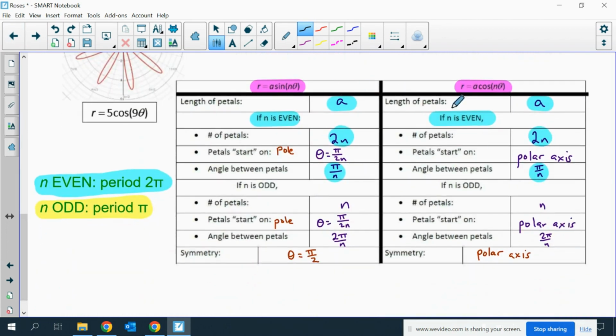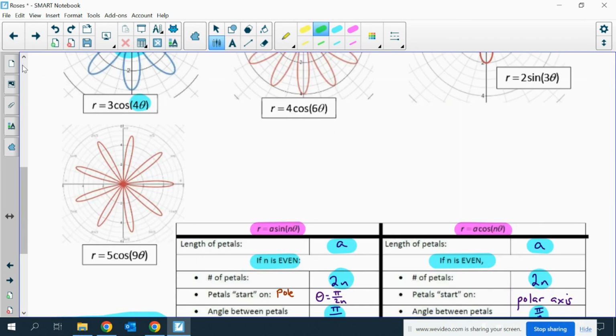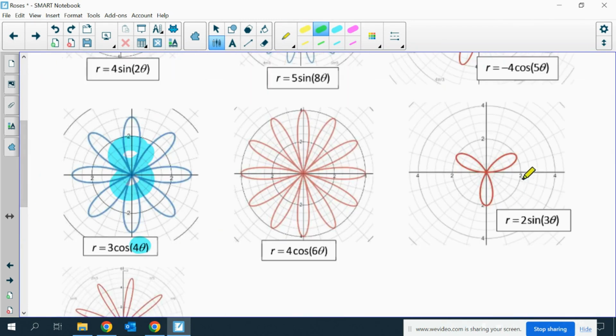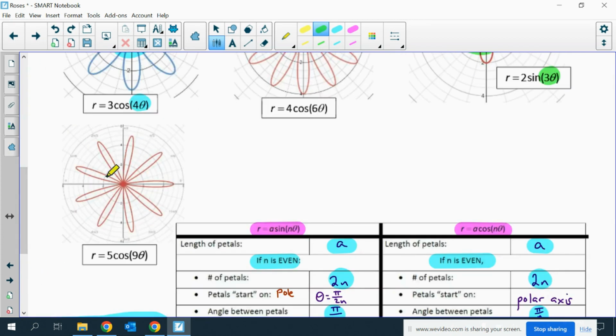So that's true in the cases when n is even. When n is odd, we end up with the number of petals being n. So notice 3 theta, 3 petals, 9 theta, 9 petals.